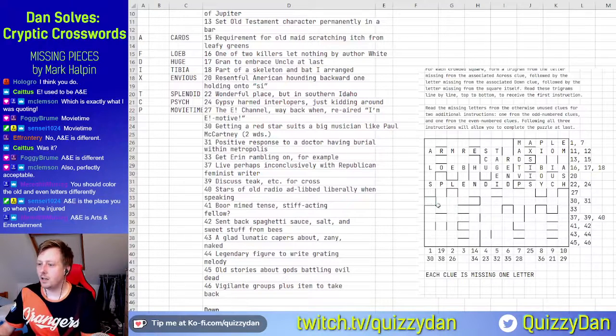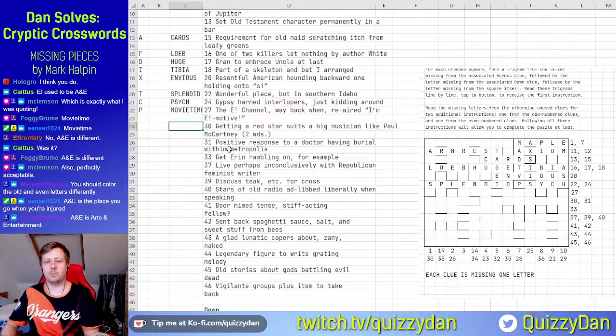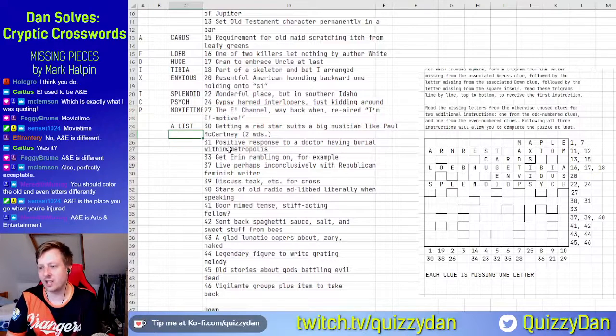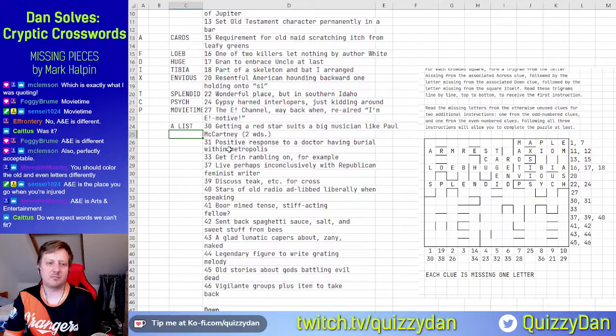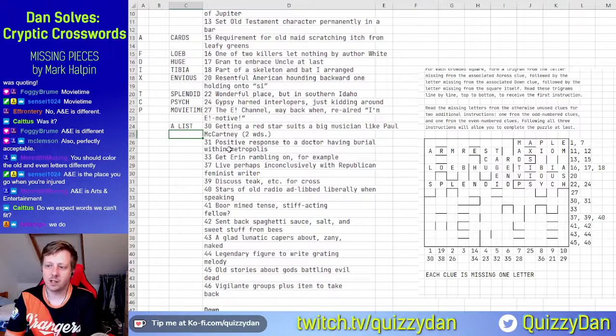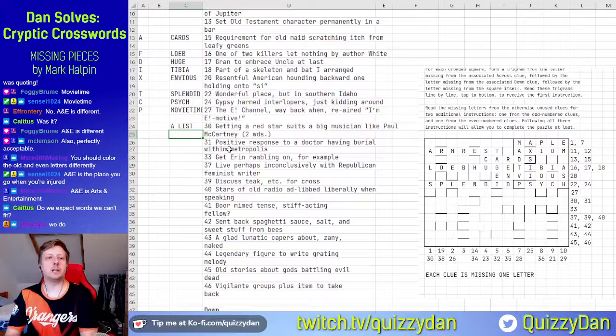30 across. Getting a red star suits a big musician like Paul McCartney. I want it to be A-list, because that's 5 letters and 2 words. But yes, Kaitos, some may not fit. So do people like A-list here?